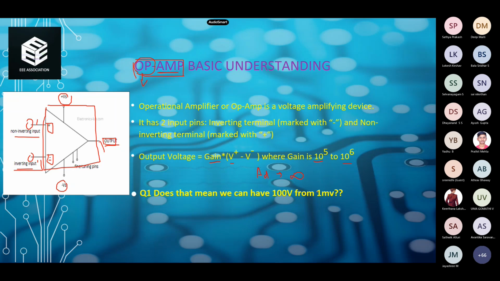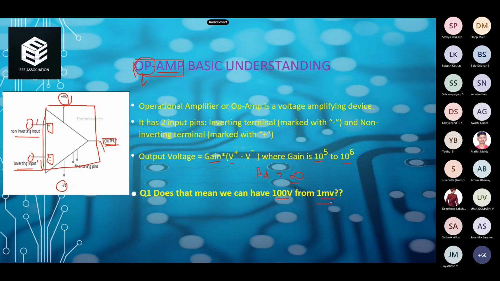One question that arises: can we get 100 volts from 1 millivolt? If I give 10 millivolts, can we get 1000 volts? Practically it doesn't make sense because you cannot have infinite gain. It can only provide up to the saturation voltage at the output.